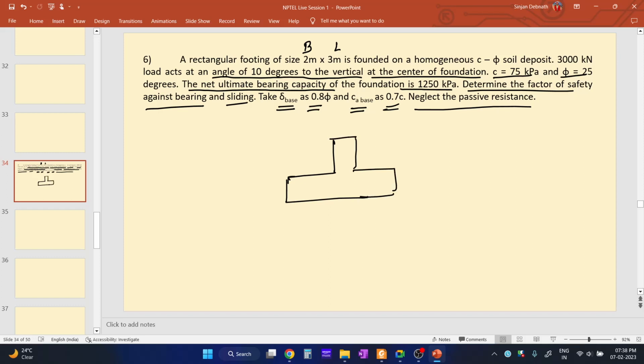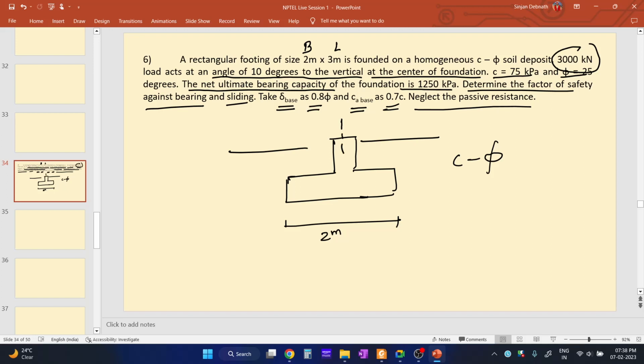Suppose this is the footing, okay? The breadth of the footing is 2 meter. It is a homogeneous C-phi soil deposit. 3000 kilonewton load acts at an angle of 10 degrees to the vertical at the center of foundation.